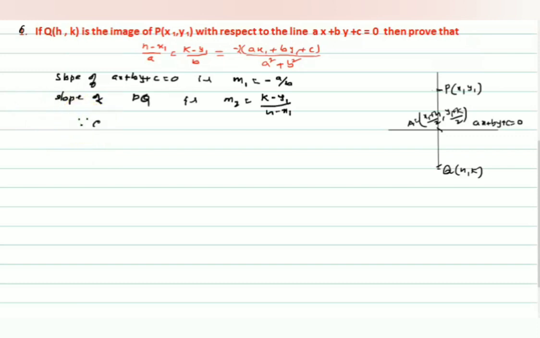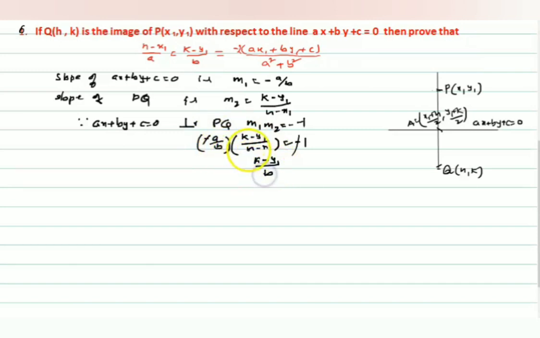Since ax plus by plus c is equal to 0 is perpendicular to PQ, m1 into m2 is equal to minus 1. Therefore, minus a by b into (k minus y1) by (h minus x1) is equal to minus 1. Minus gets cancelled. So you keep a by (k minus y1) by b here, and then send h minus x1 to that side.